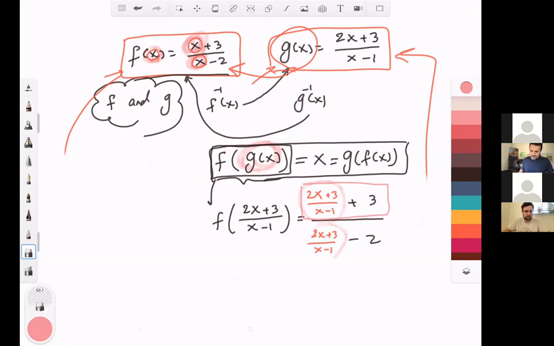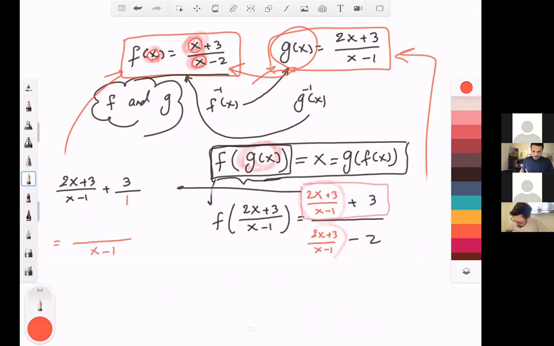So now I'm going to simplify this. We have 2x plus 3 over x minus 1, plus 3. I'm going to add 1 as a denominator. The common denominator will be x minus 1. We get 2x plus 3 plus 3 multiplied by x minus 1.